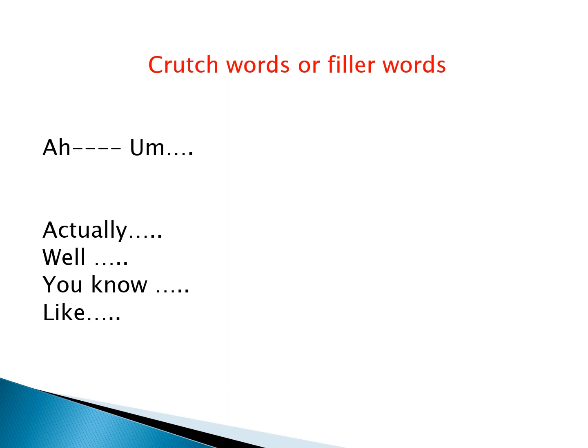They repeatedly use these words and phrases like, actually, well, you know, like, etc. in their speech. We can overcome this by using appropriate discourse markers. To know whether you are using such crutch words, you can either record your speech and listen to it later, or ask someone else to listen to your talk and give you honest feedback.